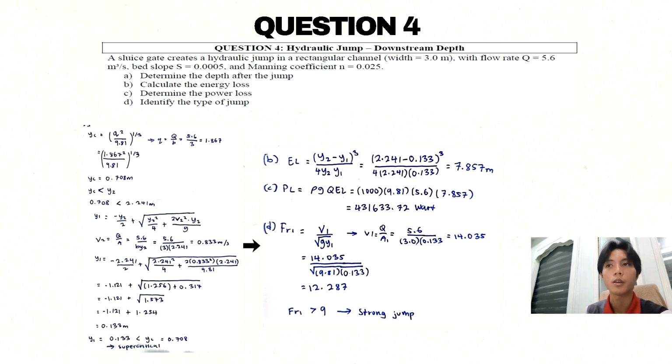The amount for V1 is 14.035. So putting it into the Froude formula, we will get the final answer 12.287, which we can conclude that the Froude value is higher than 9, and it is a strong jump. Thank you.